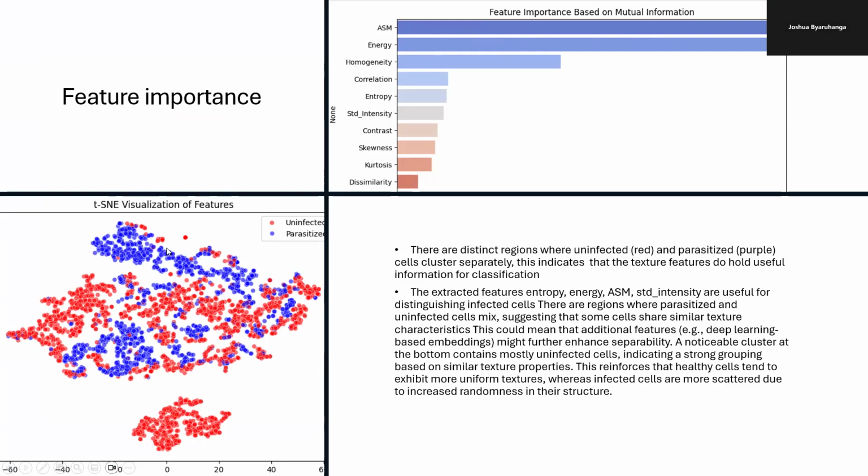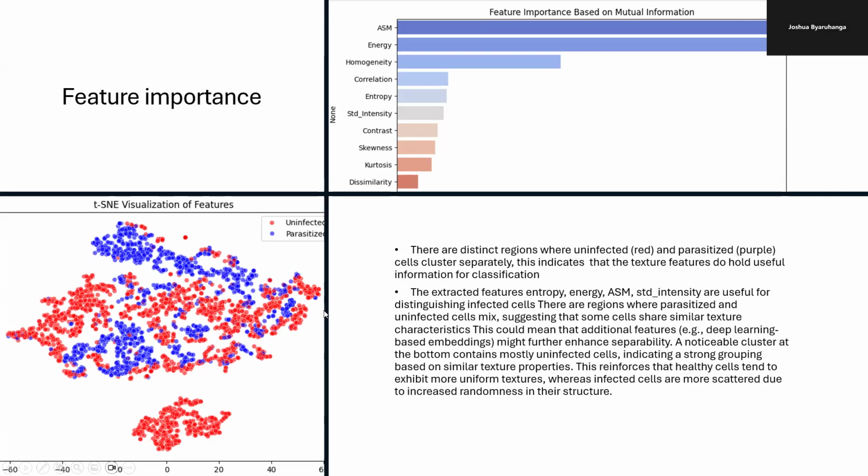Then when you come to the visualizations, you see that there are distinct regions where the infected cells and uninfected cells are clustered separately. This indicates that features do hold useful information for classification.